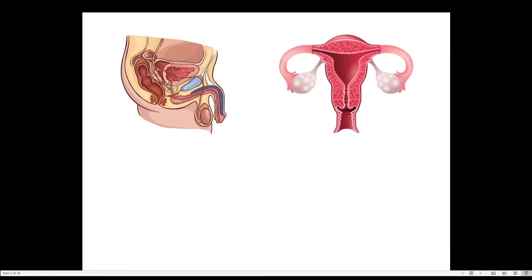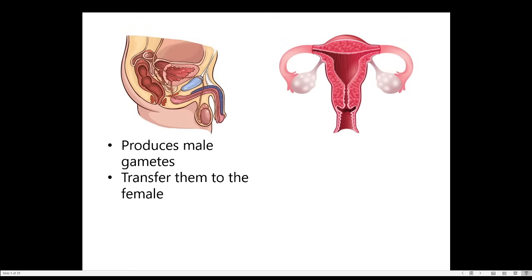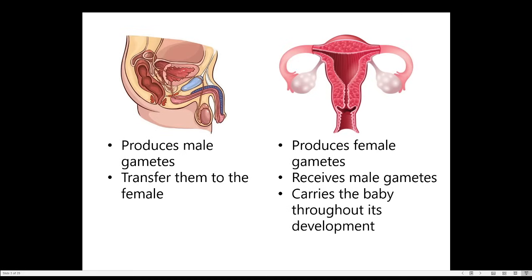Now, how do we differentiate the two systems? The male reproductive system is in charge of producing male gametes, which we call sperm cells. Its goal is to transfer these male gametes or sperm cells onto the female. While on the other hand, the female reproductive system produces female gametes, which we call egg cells, or ovum if it's singular or ova if it is plural.